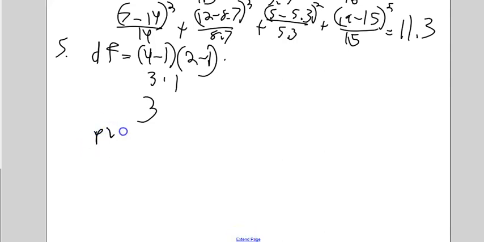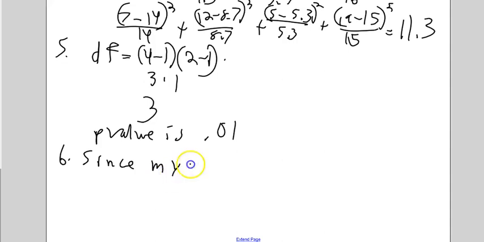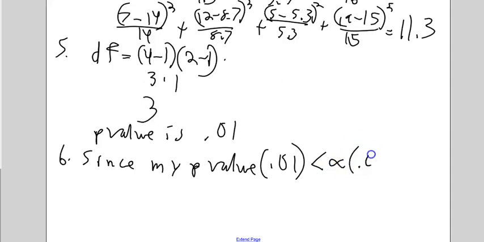So the p-value is 0.01. And then we make a decision, the same thing we've been doing. Since my p-value, 0.01, is less than alpha, 0.05.